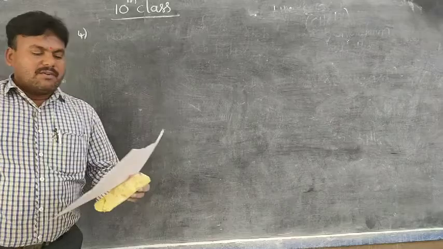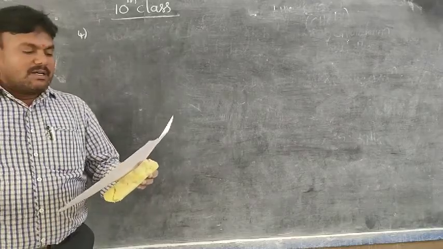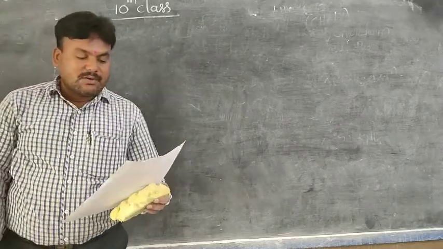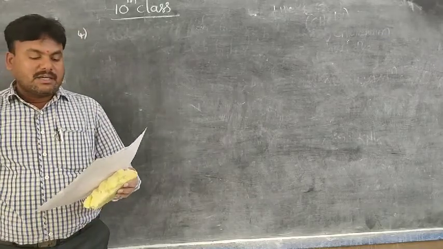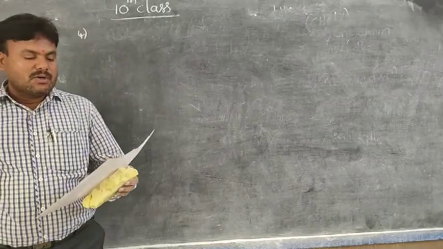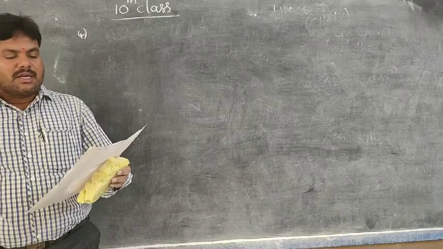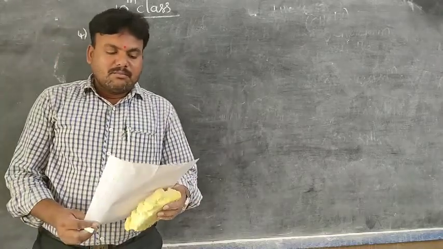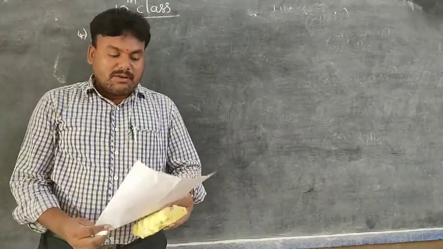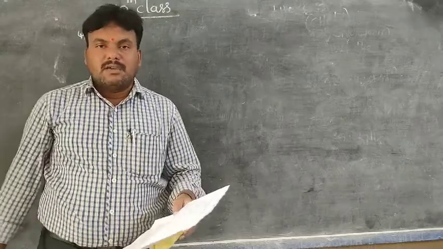If the mean of a frequency distribution is 8.1 and summation fi xi equals 132 plus 5k, summation fi equals 20, then find the value of k. Here the mean value is given; we have to find the k value.